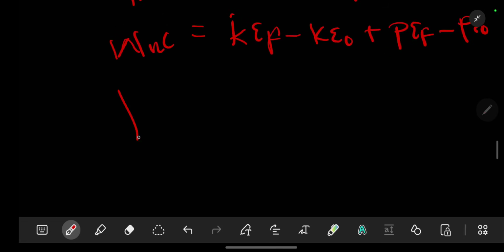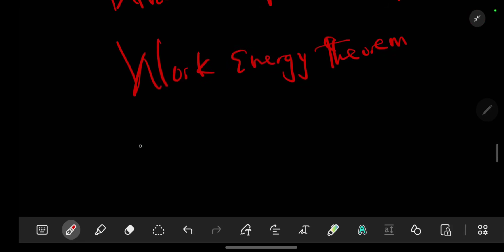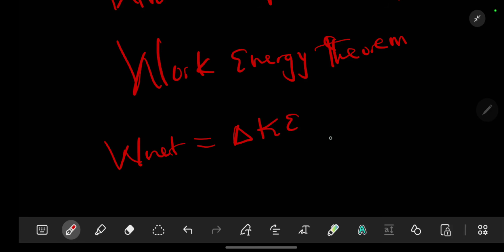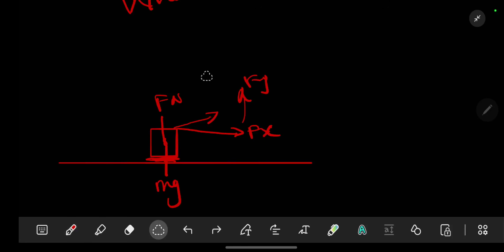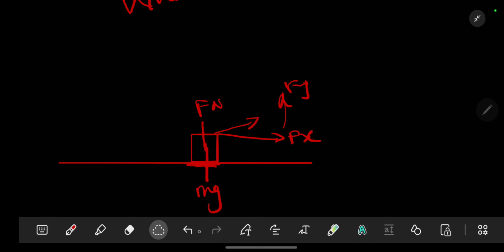Then we also are going to be looking at the Work-Energy Theorem, which goes by the formula: the net work done, if you add all the works, is equal to the change in the kinetic energy. So as it is moving, this is kinetic energy.